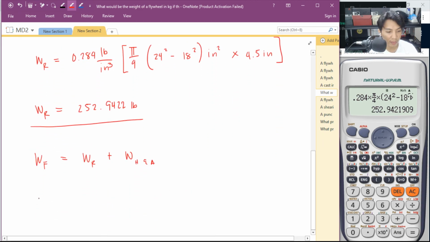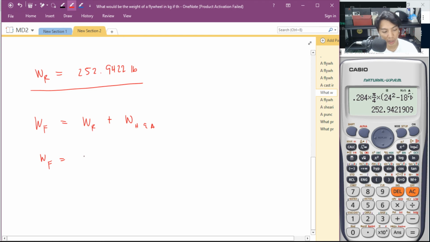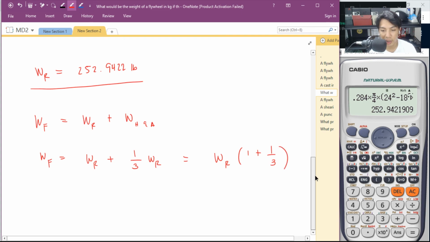So, the weight of the flywheel is the weight of the rim plus 1/3 of the weight of the rim. Let us factor out the weight of the rim: the weight of the rim multiplied by 1 plus 1/3. Now we can solve.